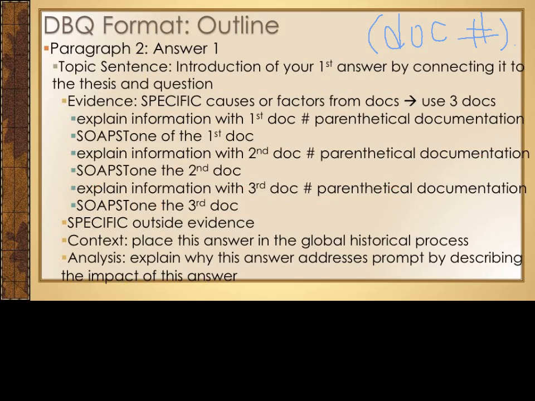You've provided specific additional outside evidence. You've put that answer into context. You've shown us how it has a place in world history. And then you've explained why your answer is an answer. Why it addresses the prompt.